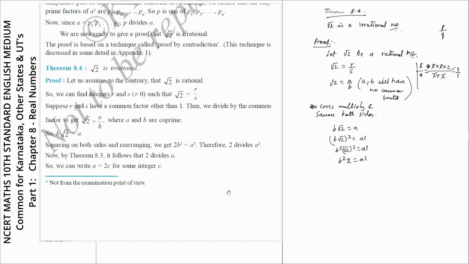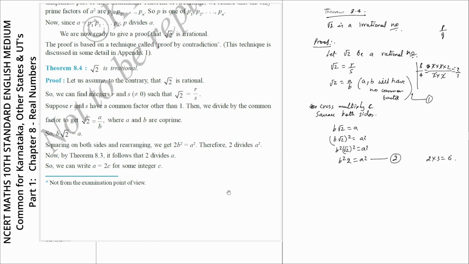Now this one I will mark as equation 1 and this one I will mark as equation 2. Equation 1 says that a and b have no common factor. Now according to equation 2, 2 is a factor of a square. For example, if I write 2 into 3 is equal to 6, what does it mean? 2 and 3 are factors of 6.